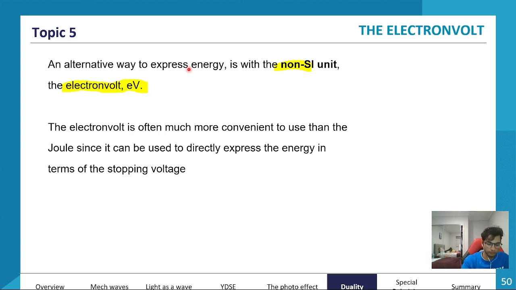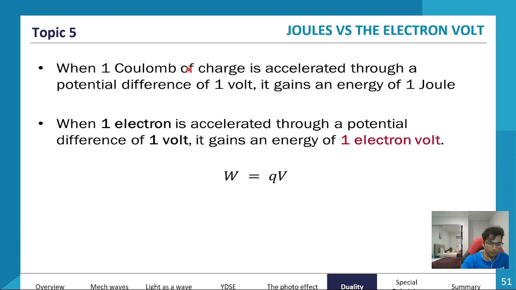The electron volt is how much energy an electron has if it's charged with 1 volt. When 1 electron is accelerated through a potential difference of 1 volt, it gains 1 electron volt.